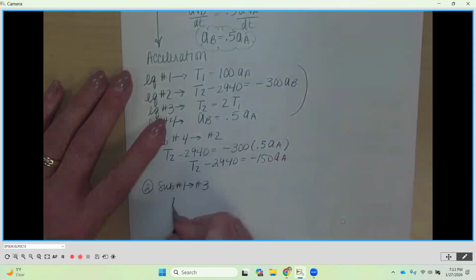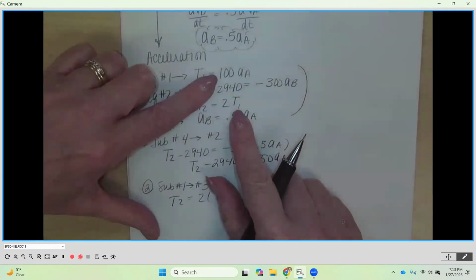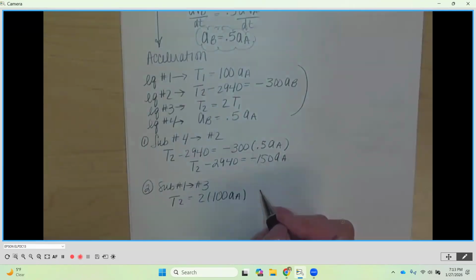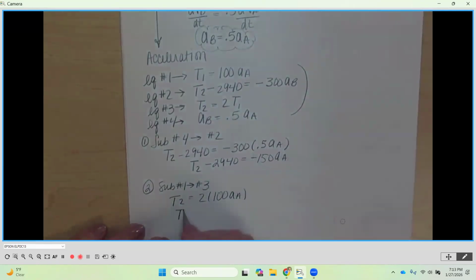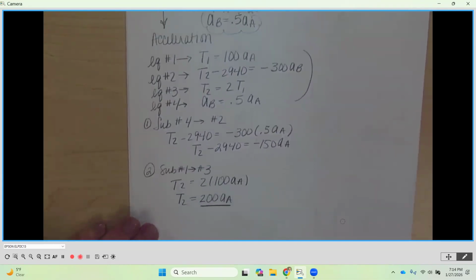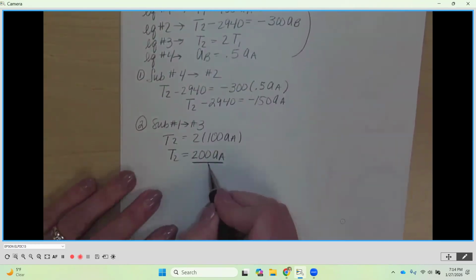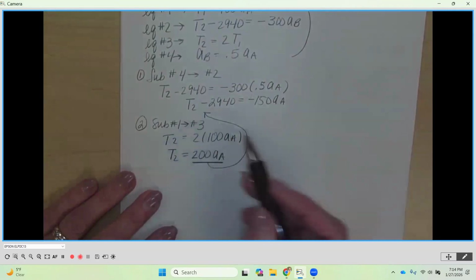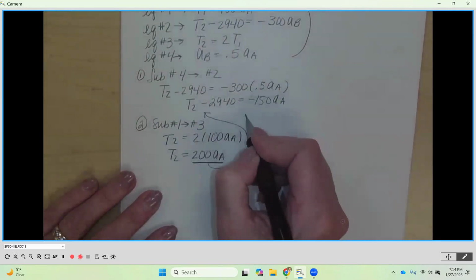So number 3 is T2 is equal to 2 times T1, but instead of T1, I'm going to put 100 acceleration A. So that means T2 is equal to 200 acceleration A. Now I'm going to take this 200 acceleration A and put it up in that equation where T2 is.